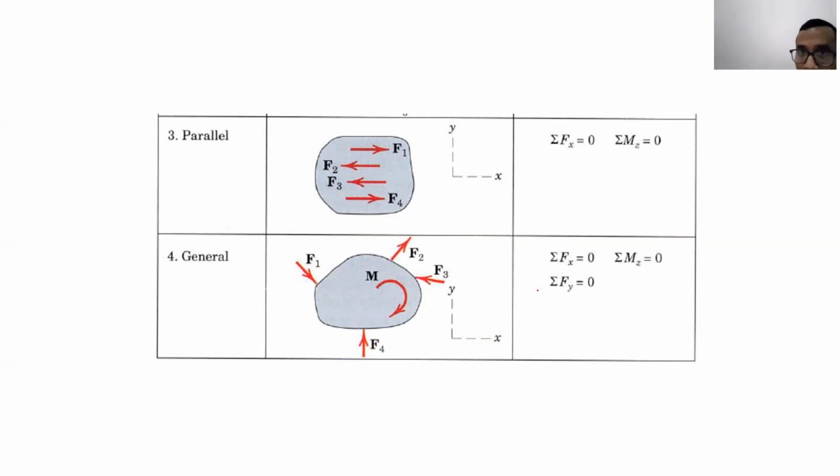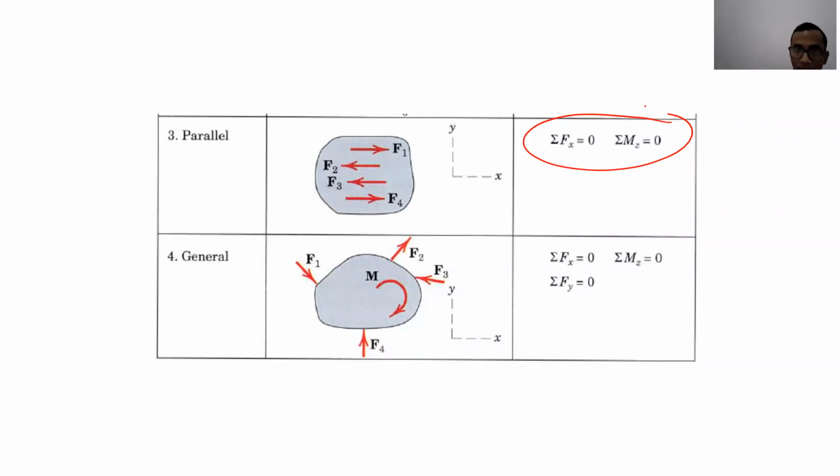In this case, because all the forces are parallel to the same axis, the equilibrium condition can be solved using two equations: sigma Fx equal to 0 and sigma moment equal to 0. Remember, we won't be able to solve it just using sigma Fx equal to 0. Why? Because the lines of action of all those forces are not exactly the same.